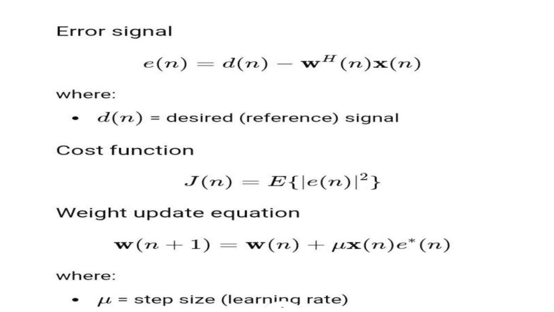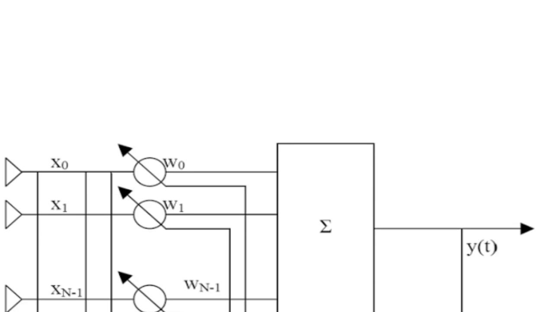The next thing is that we have to generate the weight update equation for every step: W of n plus 1 equals W of n plus mu x of n e conjugate of n. Here mu is the learning rate, that means the step size. For each step you need to update your weight equation.